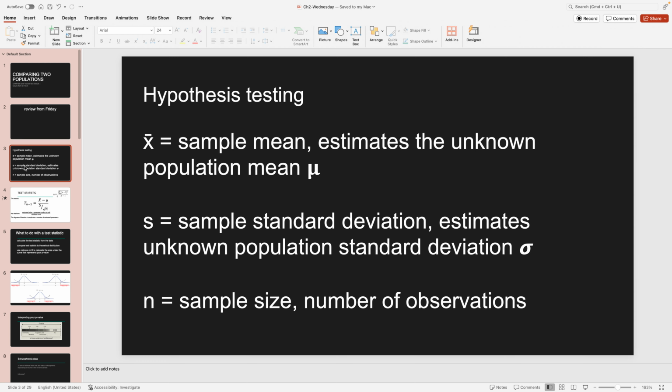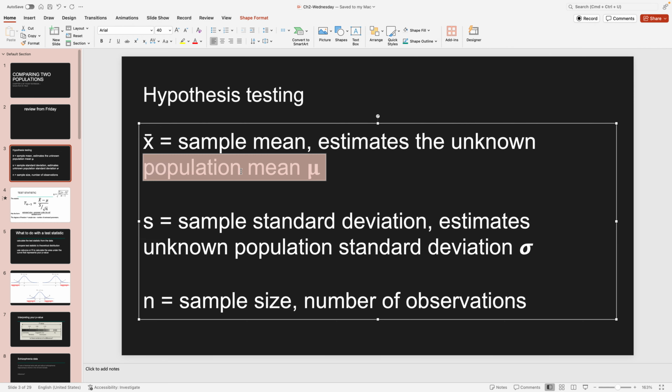So the setup was a test of hypotheses, and there were some elements that we used when we tested a hypothesis. A hypothesis is a statement of the population average or population mean, which is given by this Greek letter.